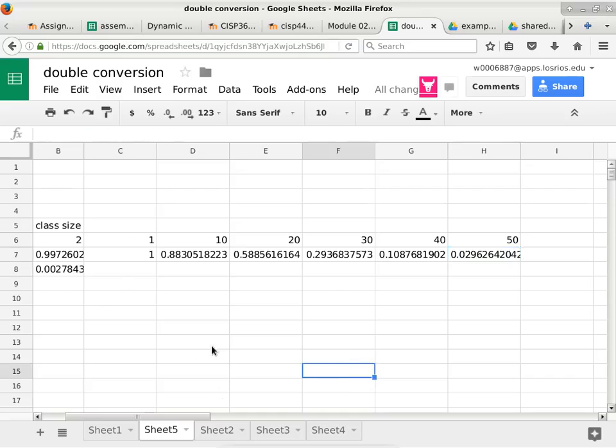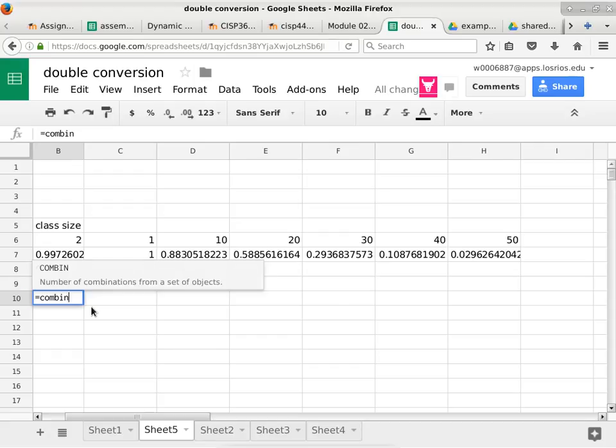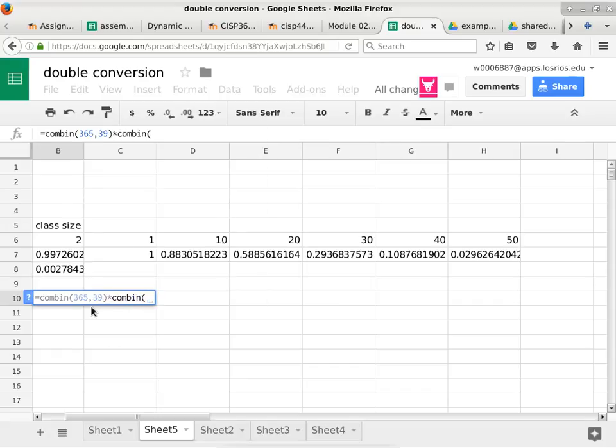And you'll figure out what would be the actual chances. So in the numerator, we have the combination of choosing 39 out of 365, times the combination of choosing 2 out of 40, times 39 factorial.